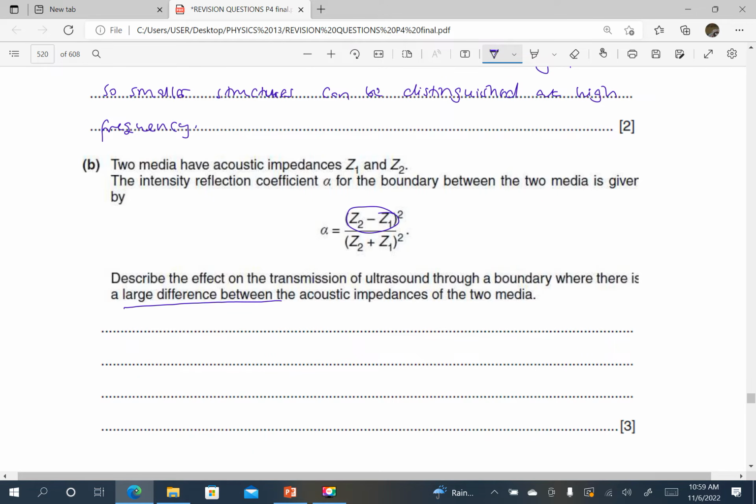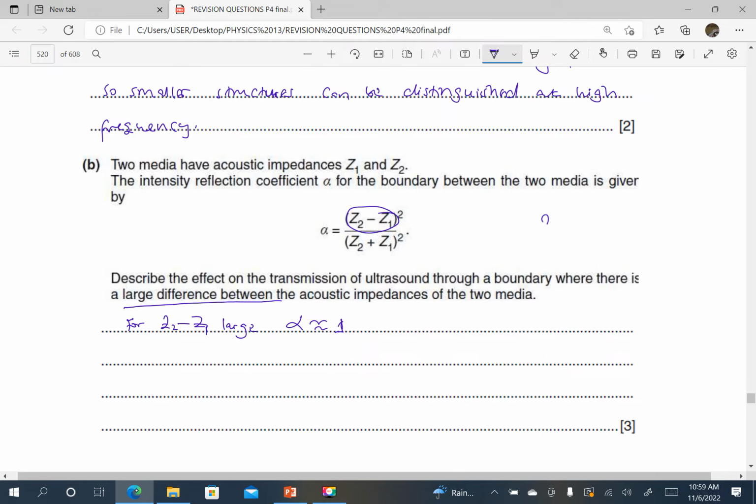If Z2 minus Z1 is very large, it means also that Z2 plus Z1 is approximately Z2. Z2 is very large, Z1 is very small. When you add or subtract, you get approximately Z2. And when you divide and square, you get approximately 1. So we are saying for Z2 minus Z1 large, alpha is approximately equal to 1.